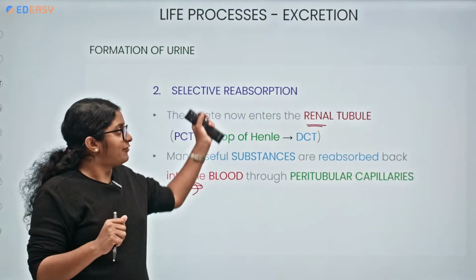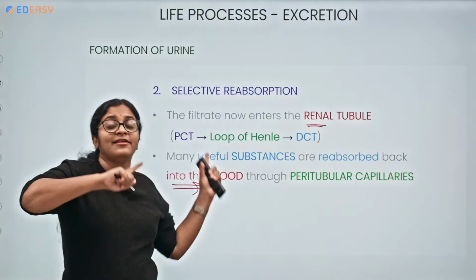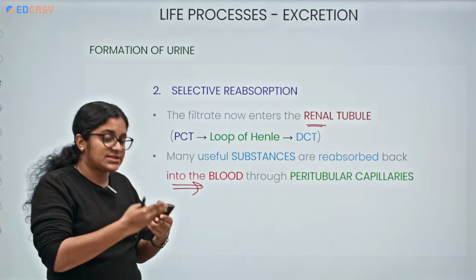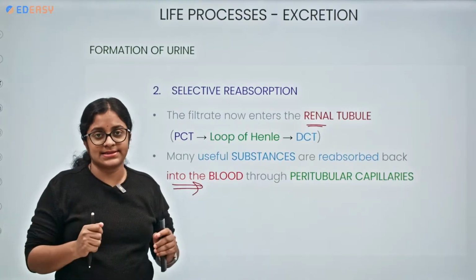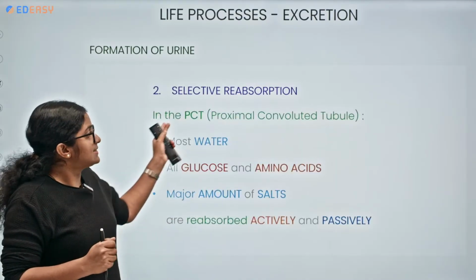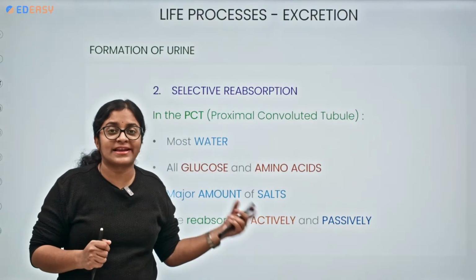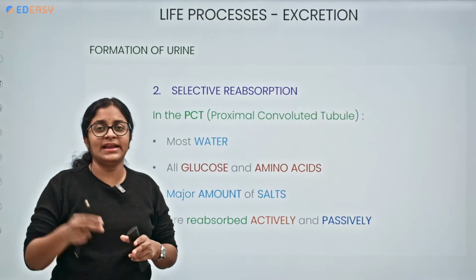So now the useful substances should be reabsorbed. The filtrate will be entering into the renal tubule. What will be the pathway? First it enters the PCT, then the loop of Henle, then the DCT, right? Now inside the PCT what is happening? Inside the loop of Henle what is happening? Inside the DCT what is happening? Let's try to understand.